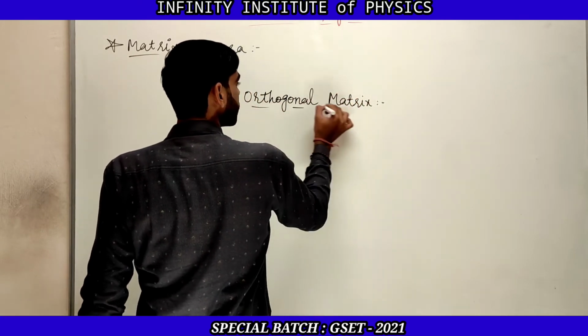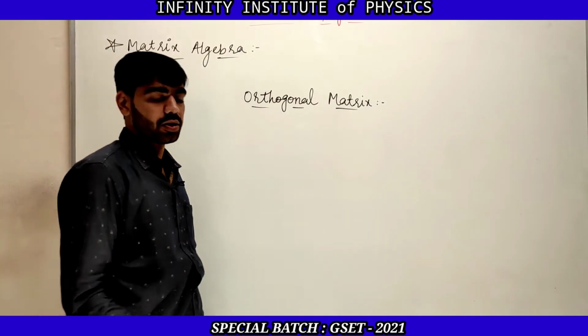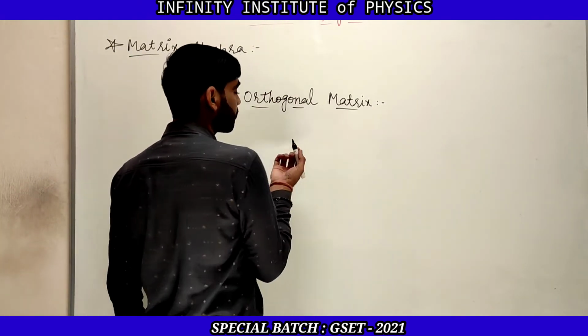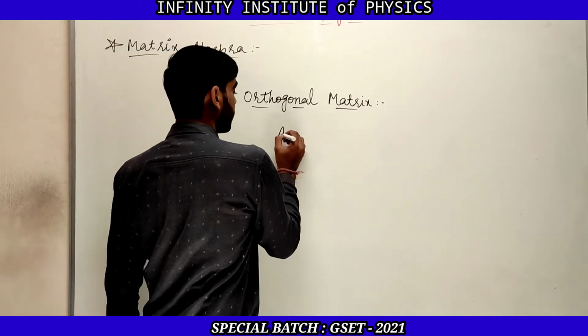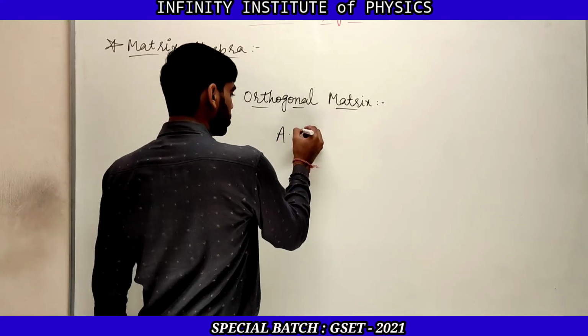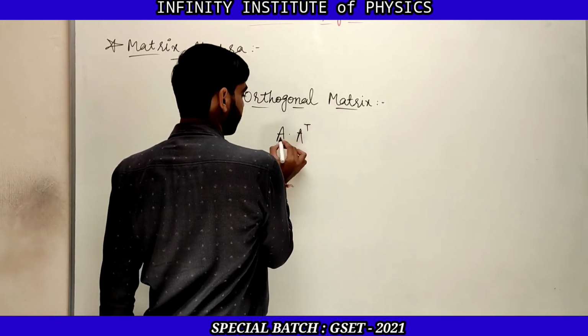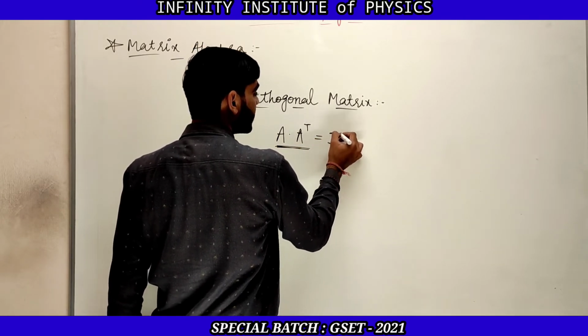A matrix A of order n, that means here we are considering a square matrix, is said to be orthogonal if A into A transpose, which is the multiplication of matrices, becomes the identity matrix.